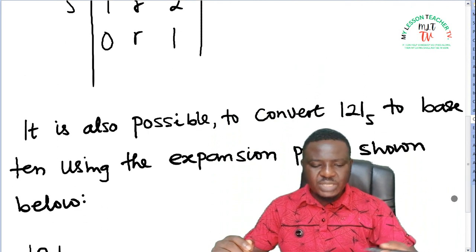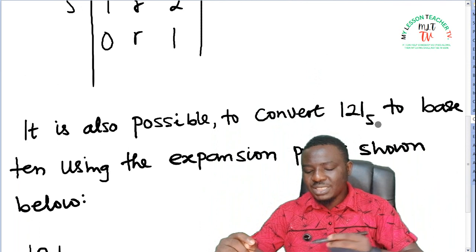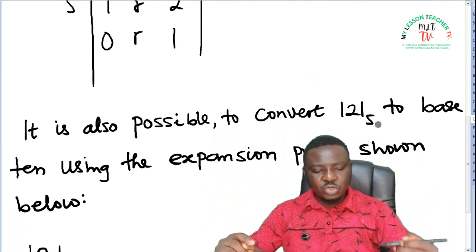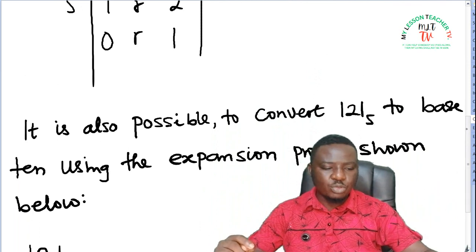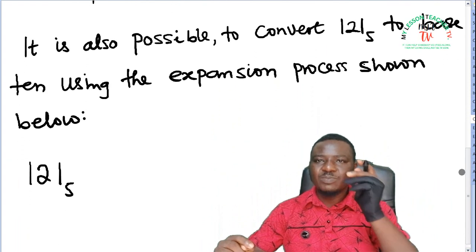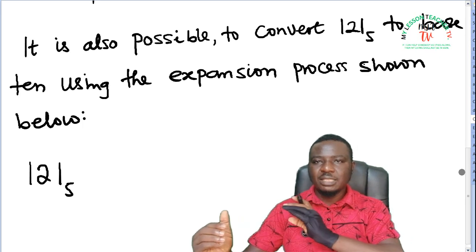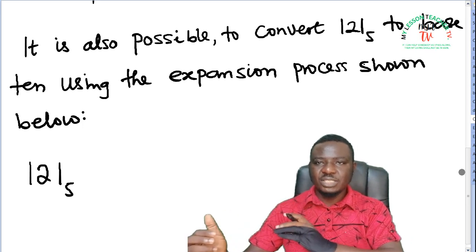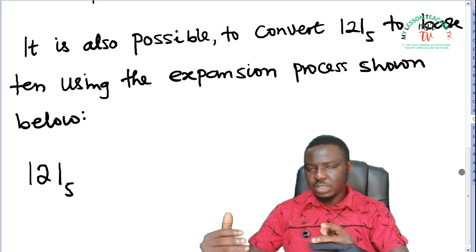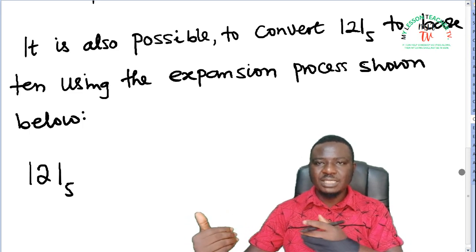So it is also possible to convert 121 base 5 to base 10 using the expansion method, which I'm going to show you today. And this expansion method has been done in JSS3. If you look at the number-based systems in JSS3, you were introduced to the expansion method, how to expand numbers in their bases.